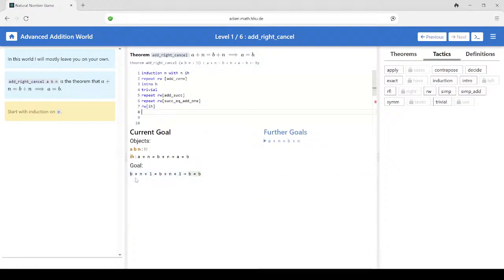No, I have the same thing on both sides. B plus n plus 1 equals b plus n plus 1, which implies that b equals b.